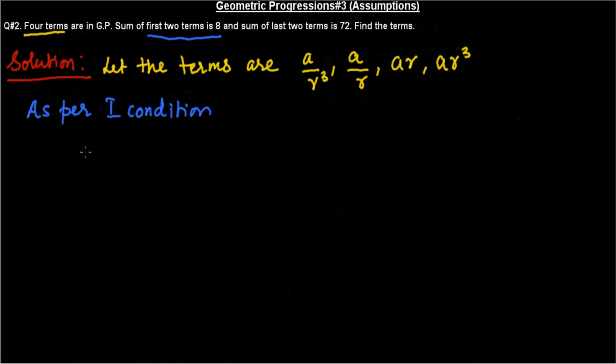It means T1 plus T2 is equal to 8. So T1 is A upon R cube and T2 is A upon R, which is equal to 8.